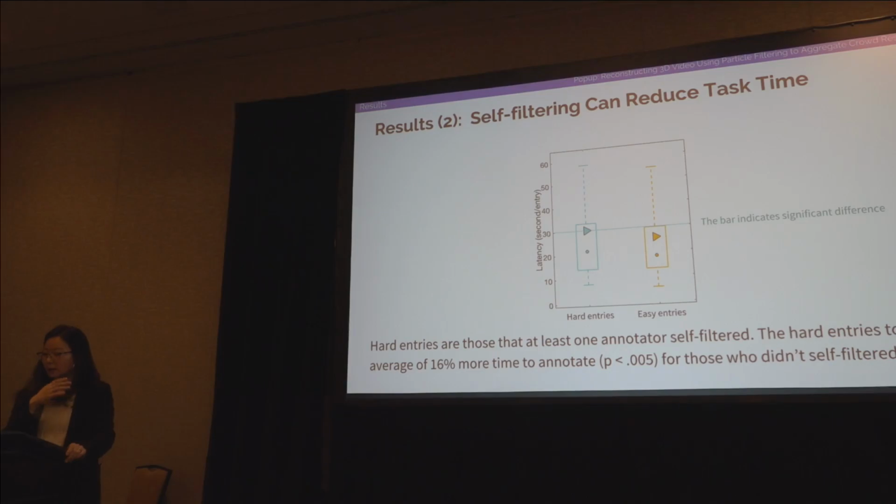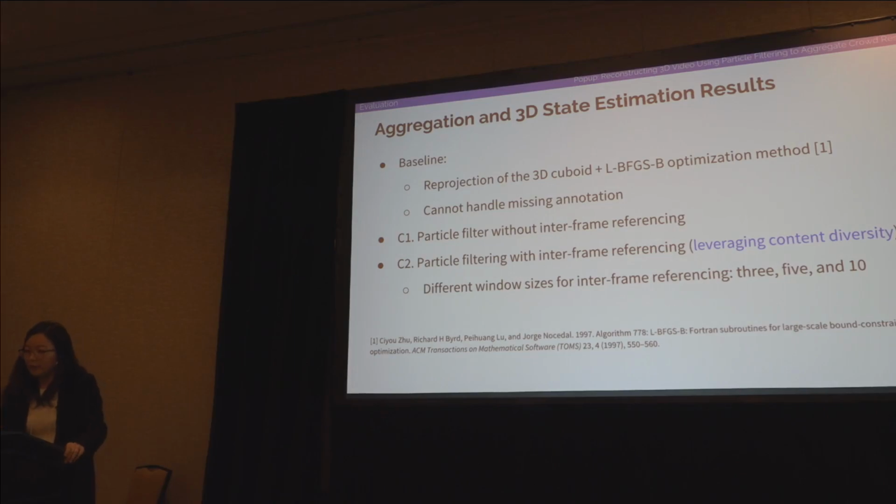You can see that for the hard entries, those who drew the dimension lines took significantly more time in completing the task. So this shows the potential benefit of using self-filtering to reduce the total aggregated task time, which is related to the cost.